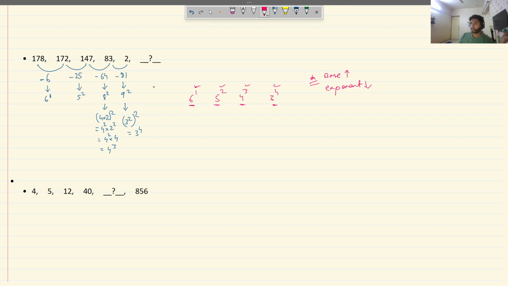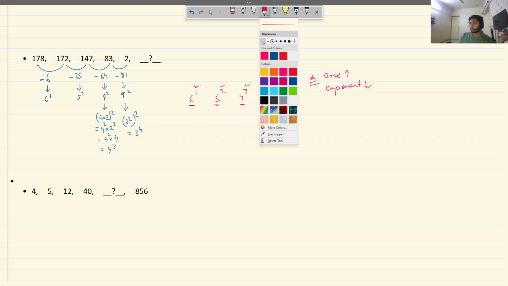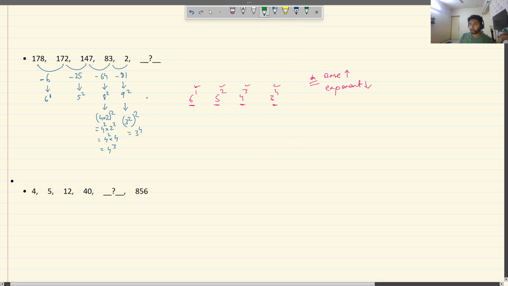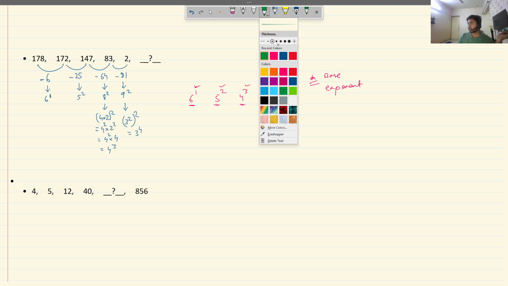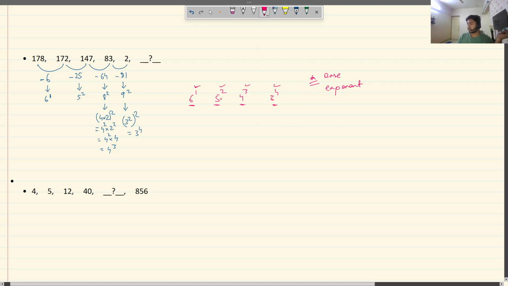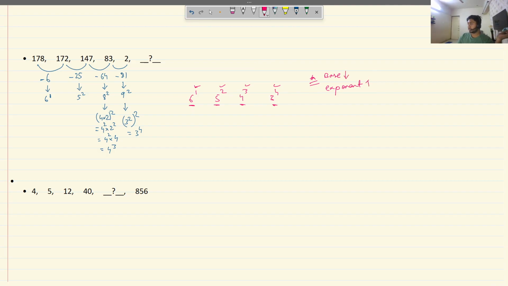If that is my logic, then what should be the missing term? Sorry, I made a mistake. Base is reducing from 6, 5, 4, 3, and exponent is increasing. This is one logic.